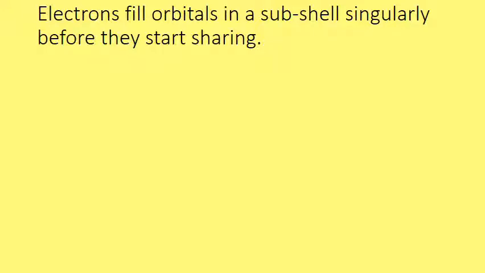Okay, so let's illustrate it with a couple of more real examples. Let's take nitrogen, and nitrogen's atomic number is 7, so it's got 7 protons, 7 electrons. Okay, and so we'll draw our orbital boxes. That's our 1s.